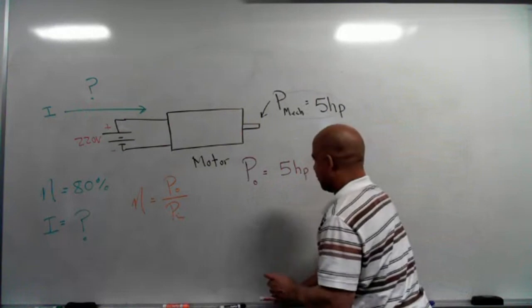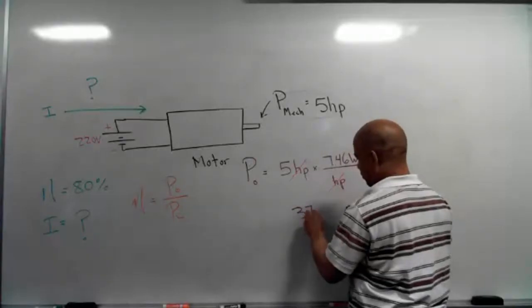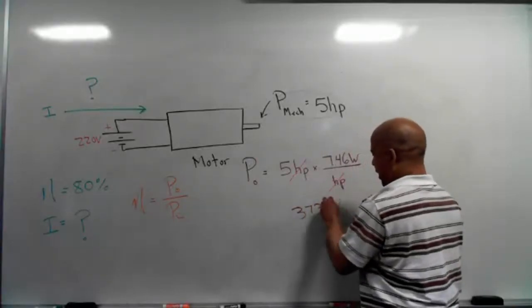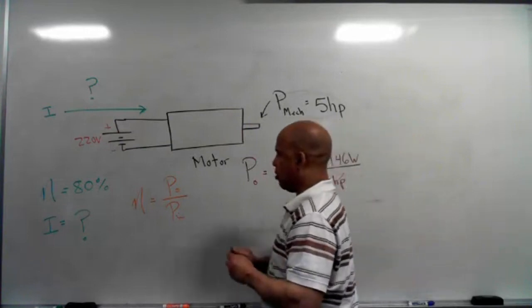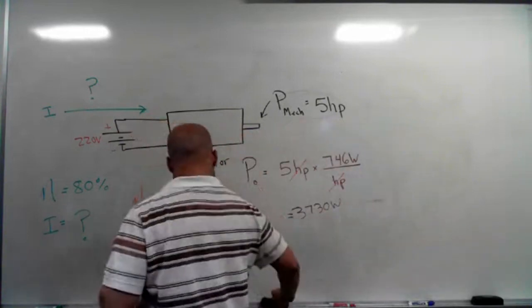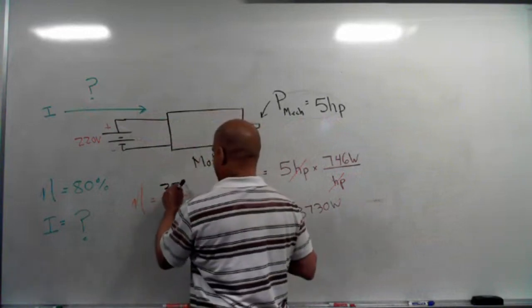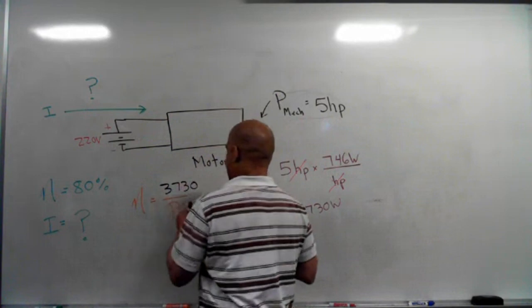So anybody do that conversion? It was 3,730 watts. All right. So we know that P out is 3730.